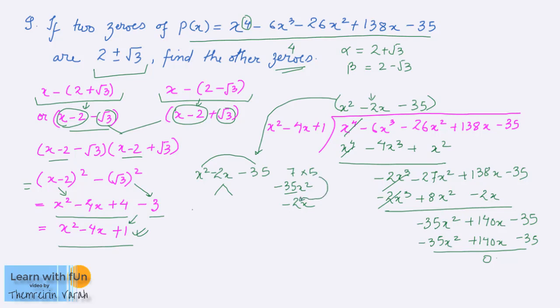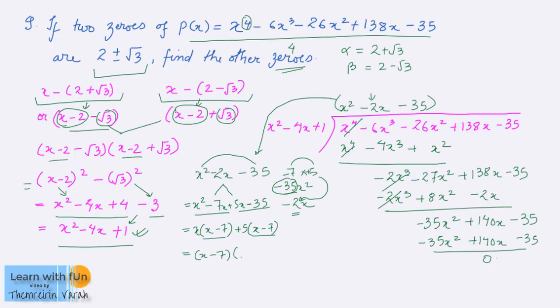For the middle term we take minus 7 and plus 5. Minus 7 into 5 is minus 35 and minus 7 plus 5 is minus 2. So here x square minus 7x plus 5x minus 35. Taking common from these terms, x is common: x minus 7. From the other terms, 5 is common and x minus 7. So x minus 7 is common.